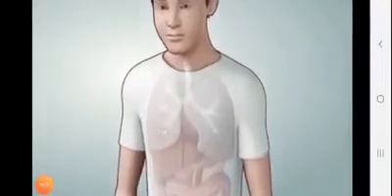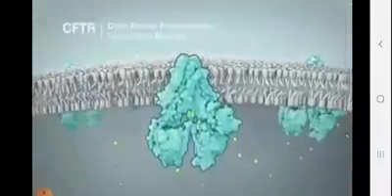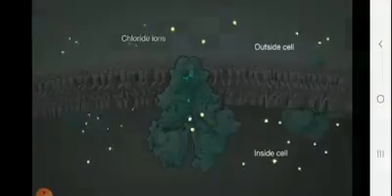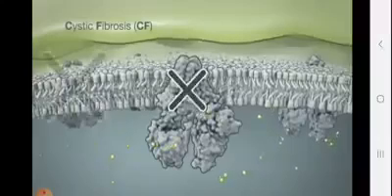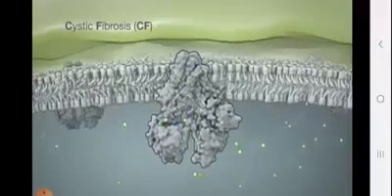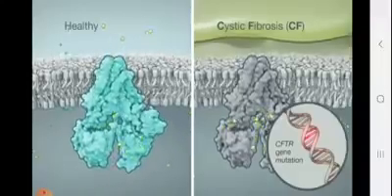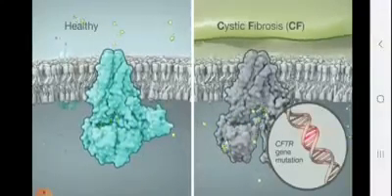In lung airways and passages in other organs, cell surfaces have tiny proteins called CFTR. These act as channels for chloride ions to regulate the movement of salt and water in and out of cells. In cystic fibrosis, this process is disrupted because of a mutation or error in the CFTR gene, which provides the instructions for making CFTR protein channels.